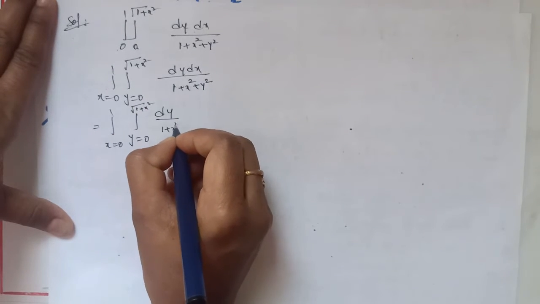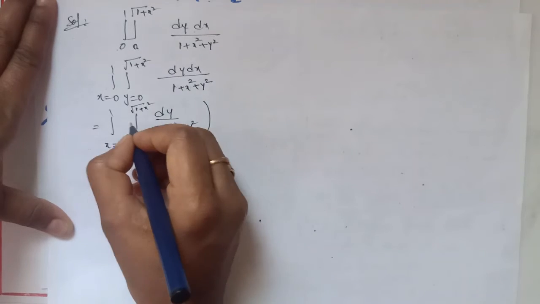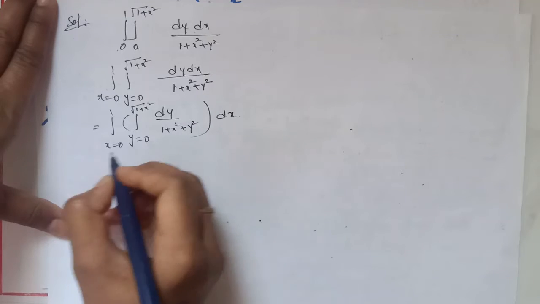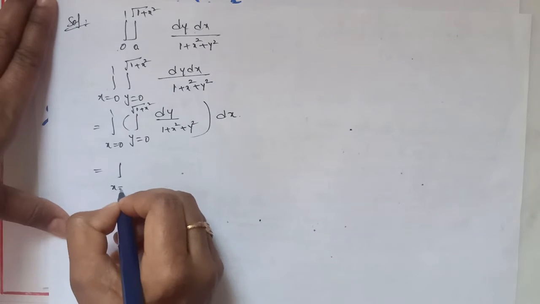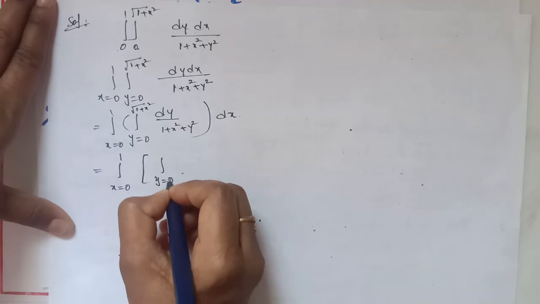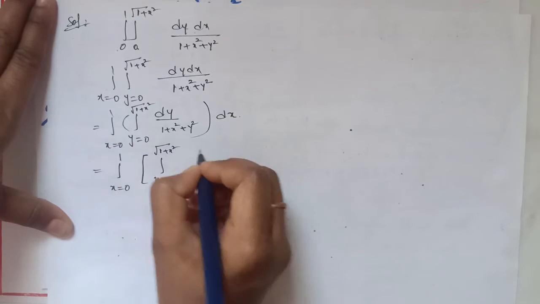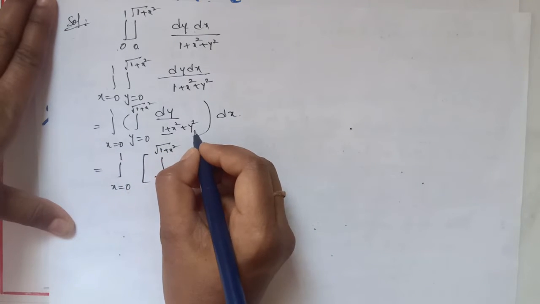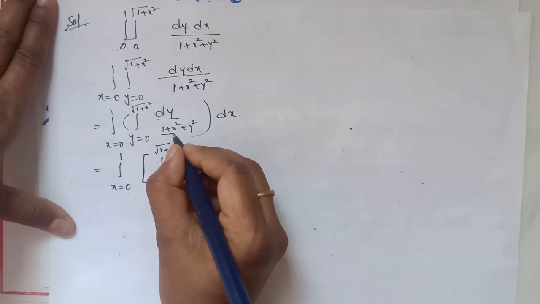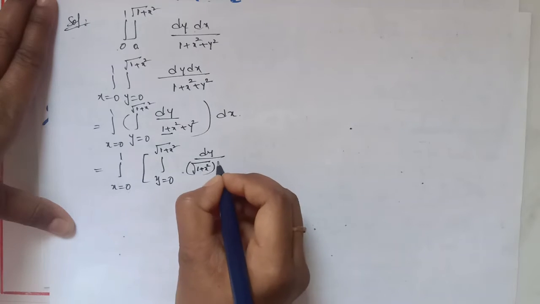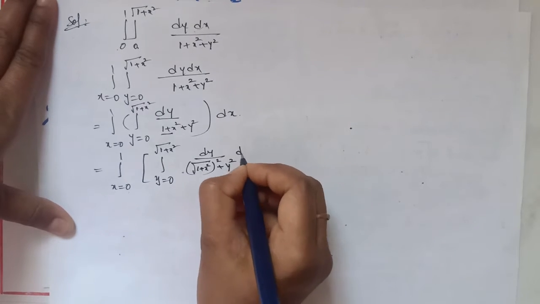This is equal to integral 0 to 1, integral y from 0 to under root 1 plus x square, dy by 1 plus x square plus y square, dx. You are integrating with respect to y first, so consider x as a constant here. So 1 plus x square can be written as under root 1 plus x square whole square, plus y square, into dx.